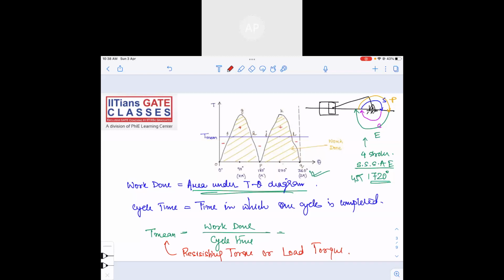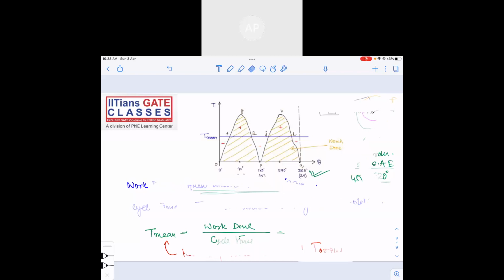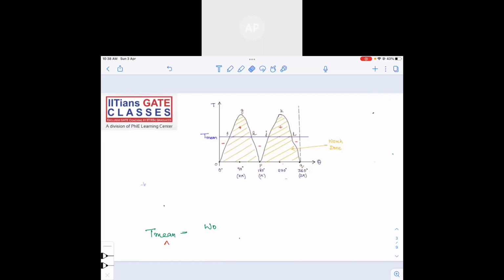Now, any area above the T mean line is excess energy, and any area below the T mean line is energy which is below the required energy, right?